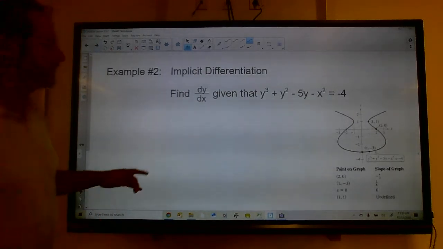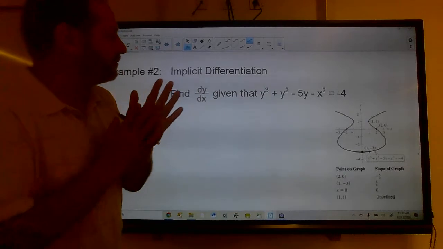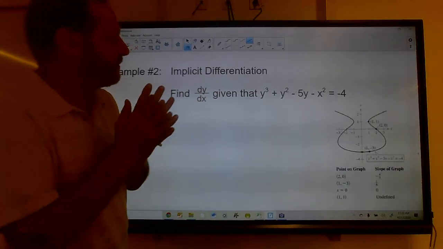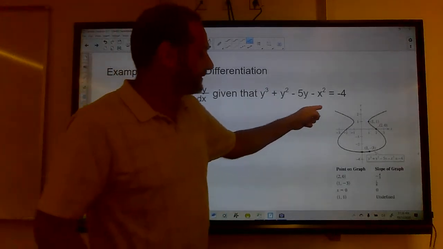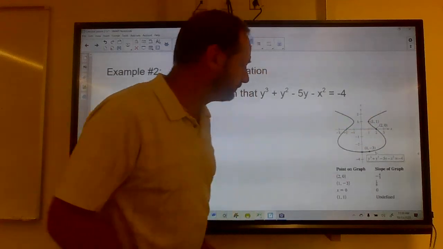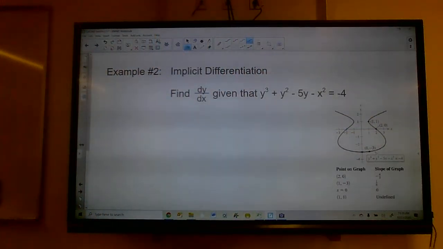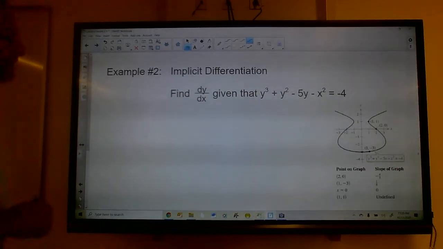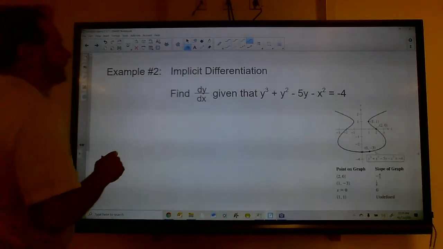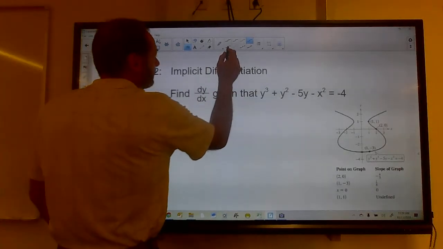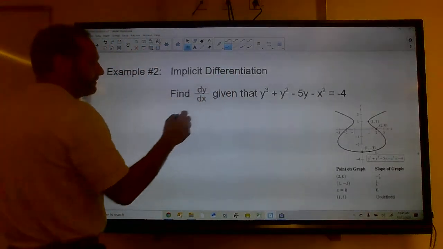So let's look at this. I've got this equation here, y cubed plus y squared minus 5y minus x squared equals negative 4. Makes this really cool curve right here. And I want the derivative of that so that I can find slopes at different places. So here's what I'm going to do. I'm going to take the derivative of each part of this thing.